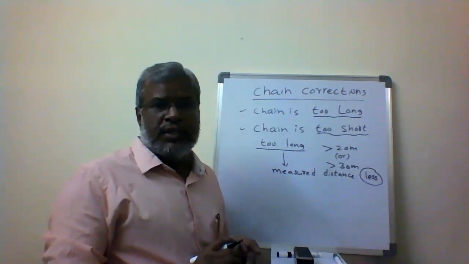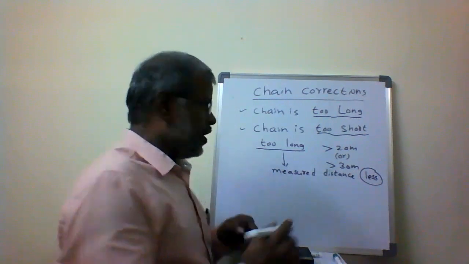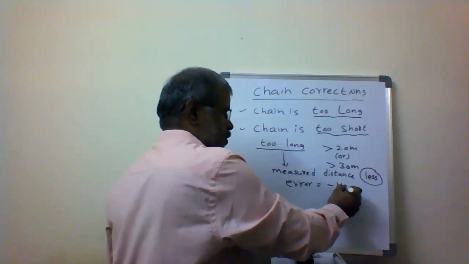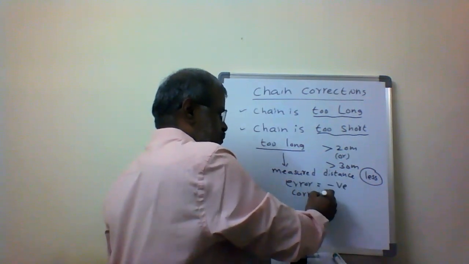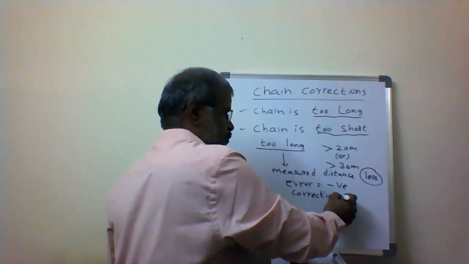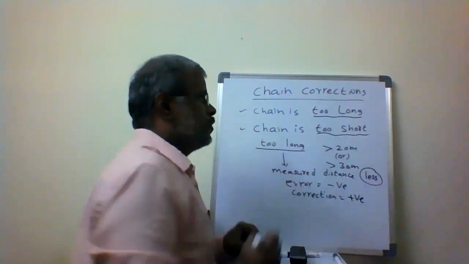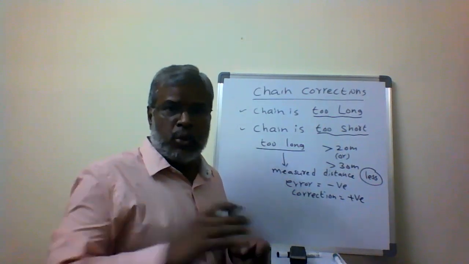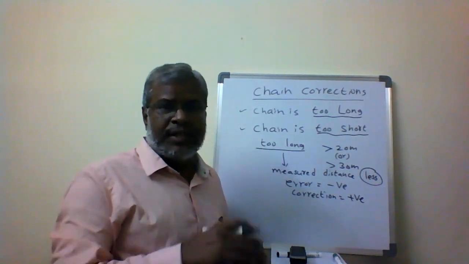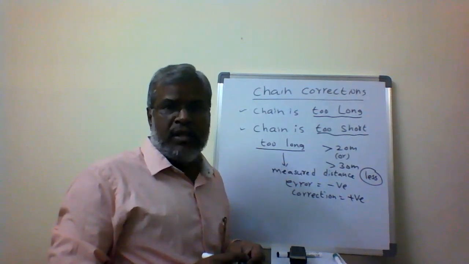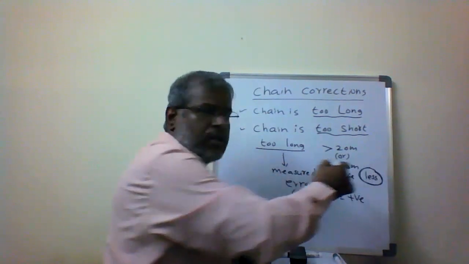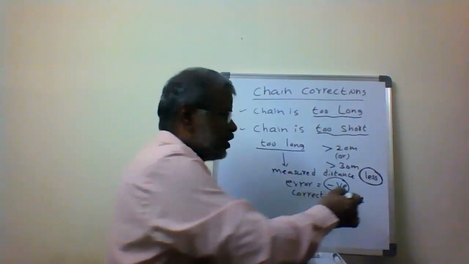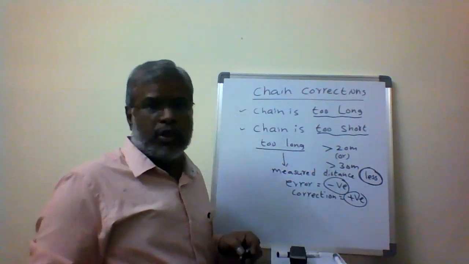The distance measured is less, so the error is negative and the correction is positive. This is the principle we use for a chain that is too long, greater than 20 meters or 30 meters, the standard length of the chain.